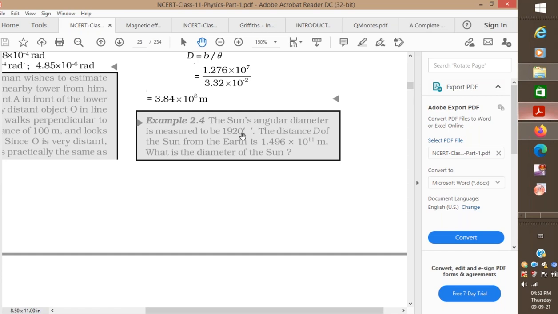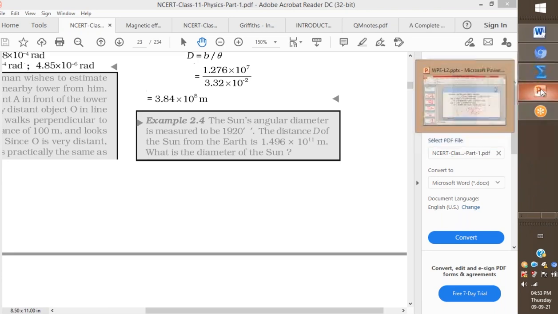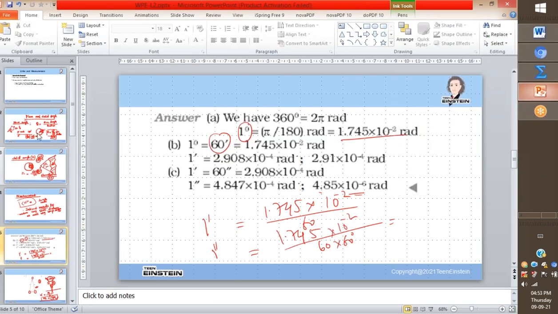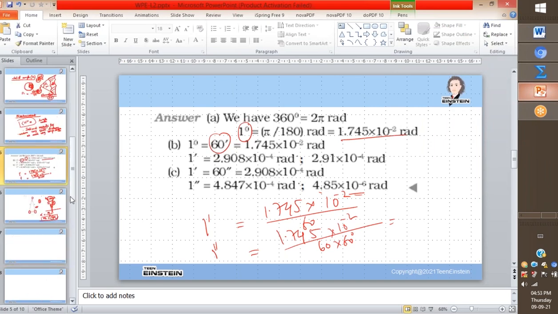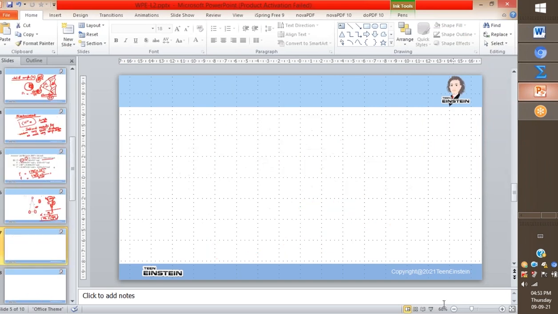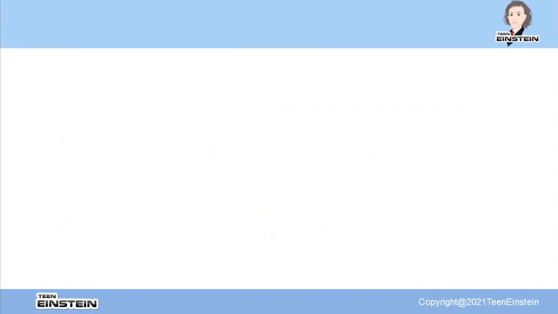In the parallax method, you are seeing an object from two points A and B. This distance is called the angular diameter or base.